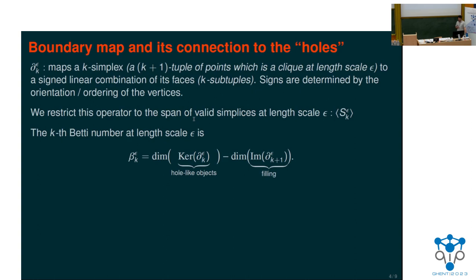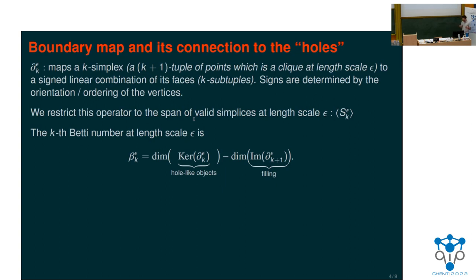And using this boundary map, we can compute the Betti numbers using the following formula. The number of holes, or Betti number, for the k-dimensional holes is the dimension of the kernel of the boundary map minus the dimension of the image of the boundary map acting on the larger simplices.